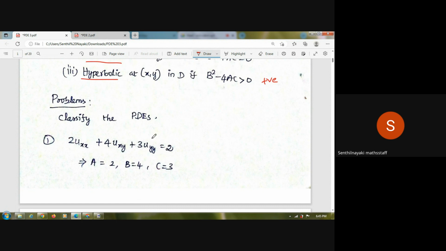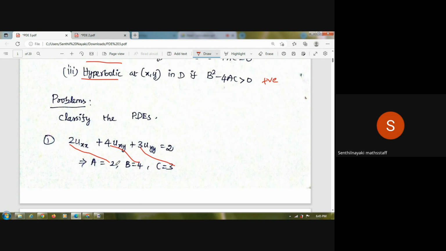We have to omit the remaining terms, we don't bother about that. So the coefficient of uxx is 2, that is the a value. Similarly, the coefficient of uxy is 4, that is the b value. The coefficient of uyy is 3, that is the c value.